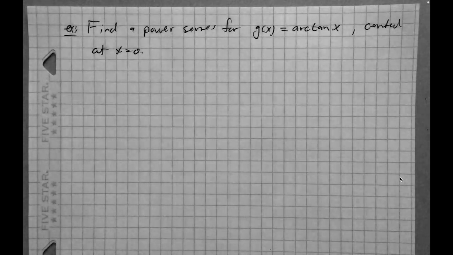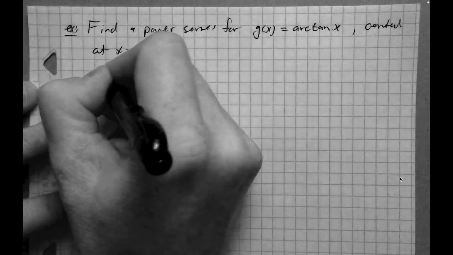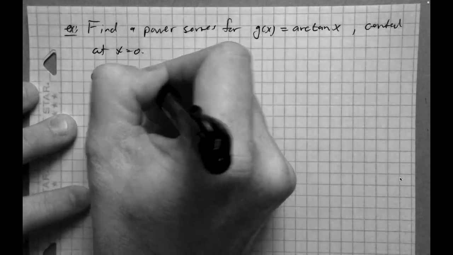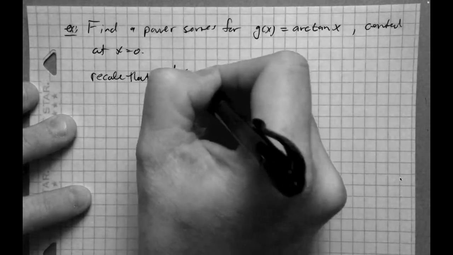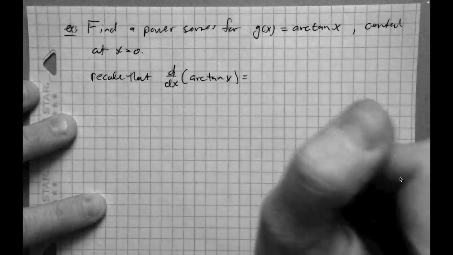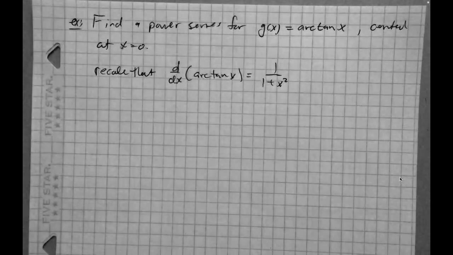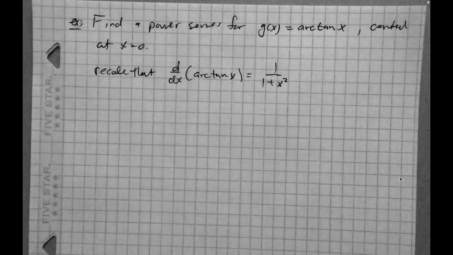Again, these are a little more complicated, but just recall the derivative of the arctangent. Recall that the derivative of arctan x was equal to 1 over 1 plus x squared. You can look that up if you don't recall it, but it is the case.